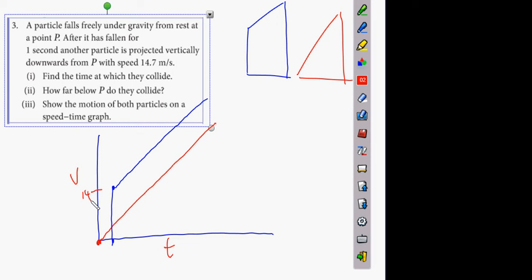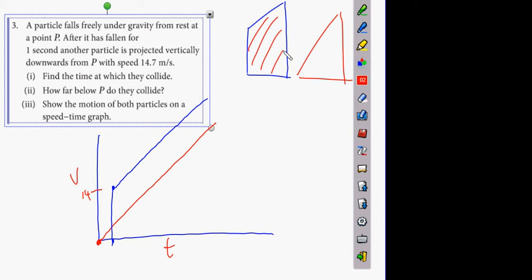Why is the trapezium equal to the triangle? At a certain point in time, they collide. When they collide, both distances are the same, and distance on a speed-time graph is the area underneath the graph. One of these is a trapezium because it's a triangle on top of a rectangle.